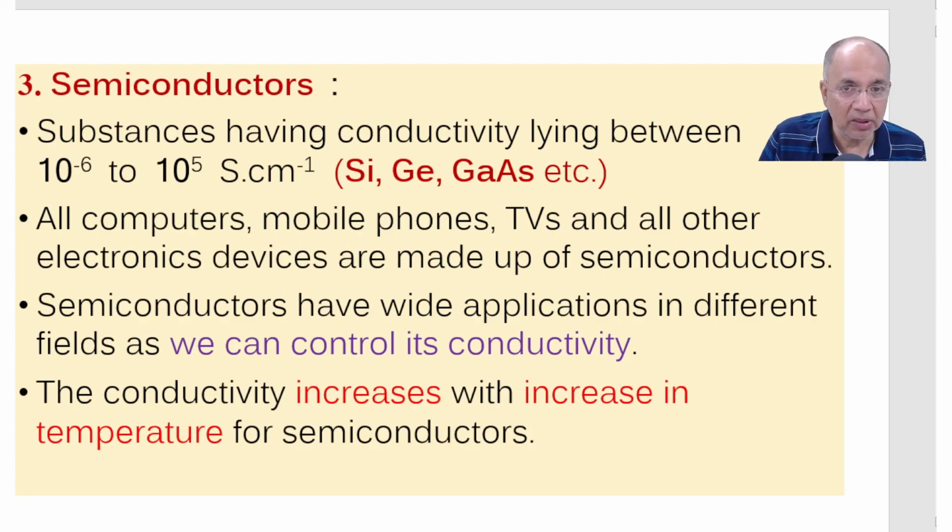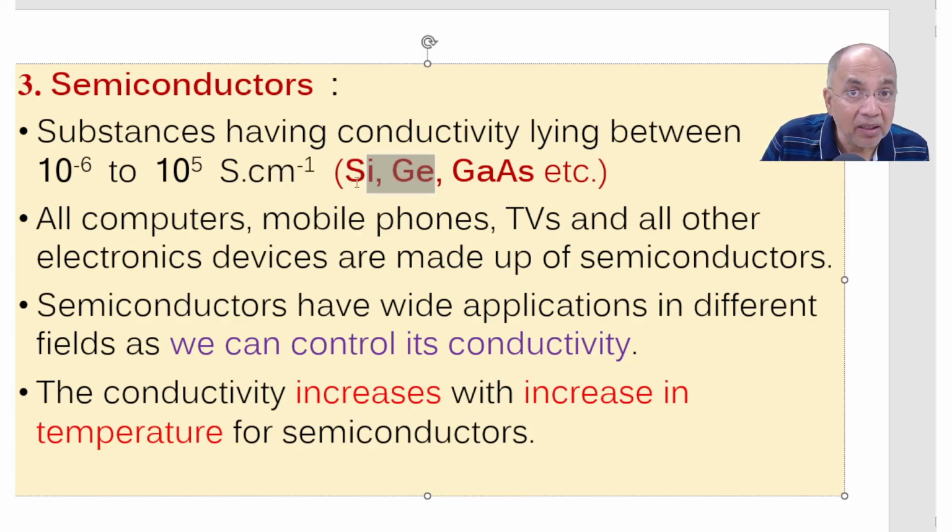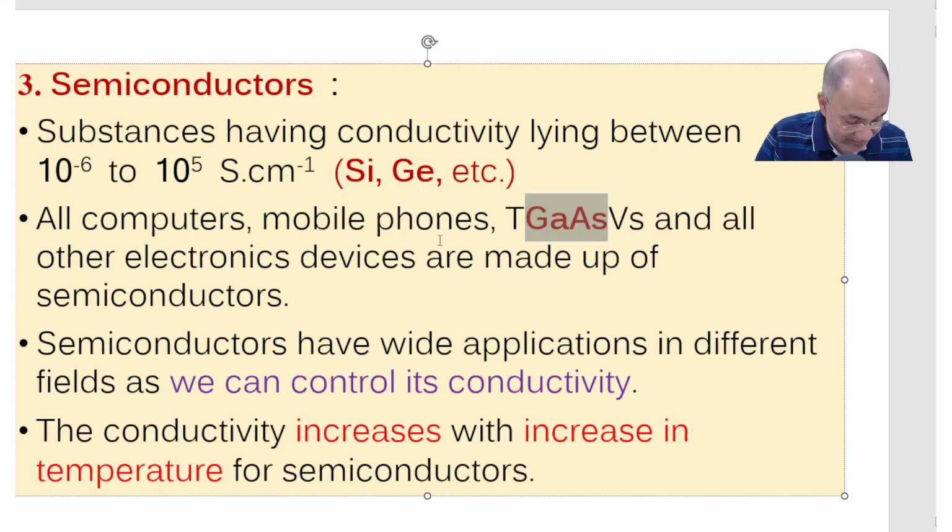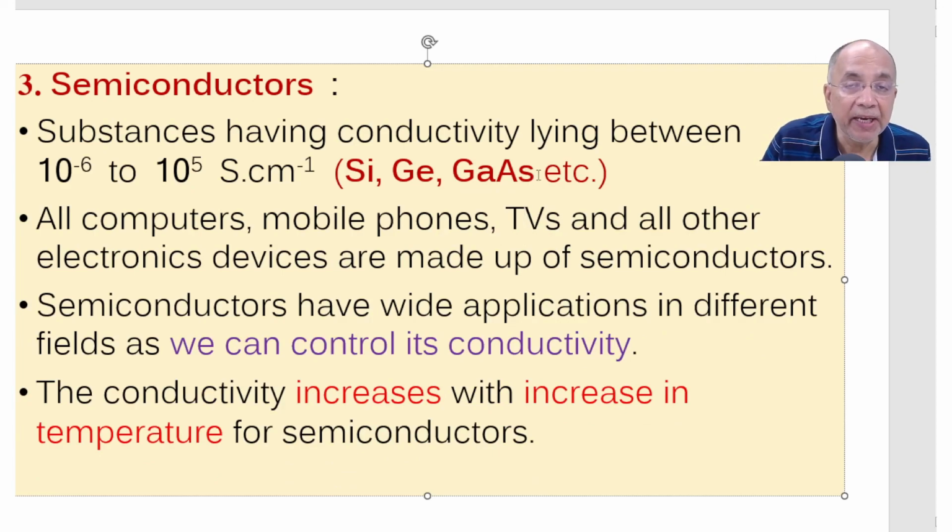The examples are elemental: silicon or germanium. These are the two important and widely used elemental semiconducting materials, and a binary semiconducting material is a compound between two elements, gallium arsenide, indium antimonide.